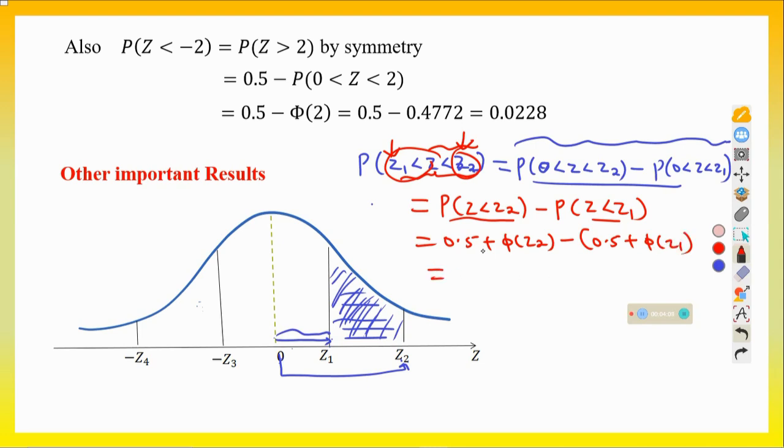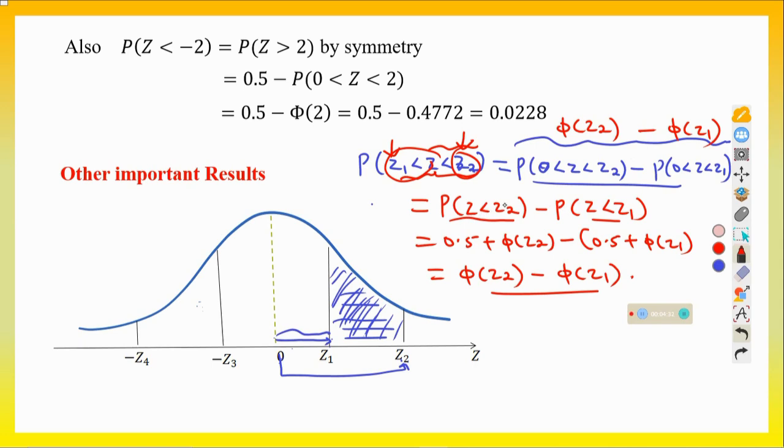So 0.5 minus 0.5 will cancel out, and you remain with the table reading of z2 minus the table reading of z1. That is what you will obtain, which is the same as this expression.